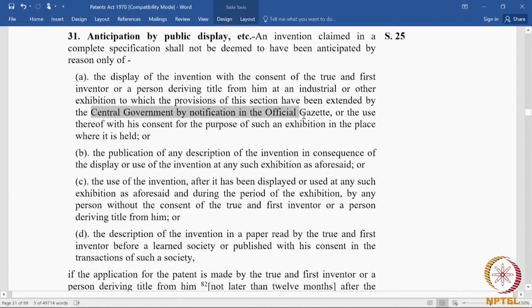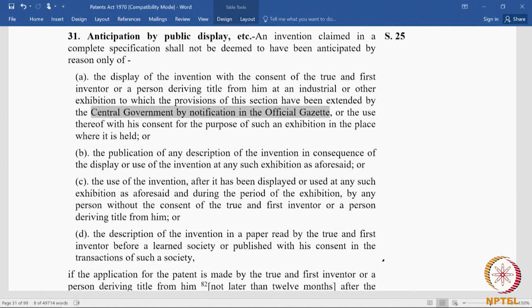So the central government by notification in the official gazette has to say that section 31 applies to this industrial fair or this exhibition. There has to be a notification, or use thereof with his consent for the purpose of such an exhibition in the place where it is held.